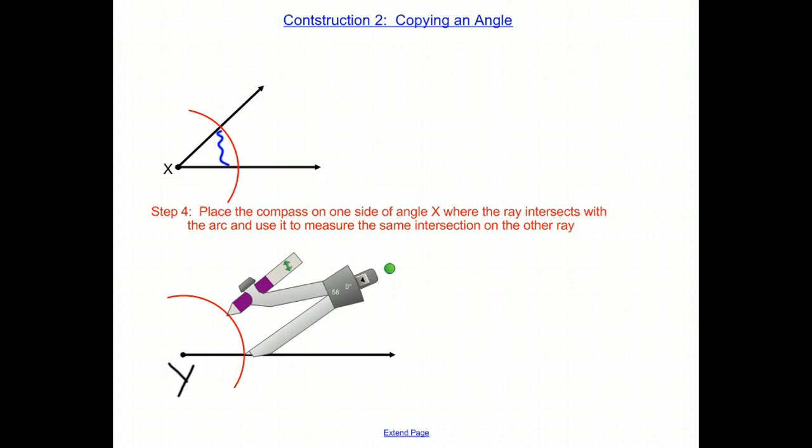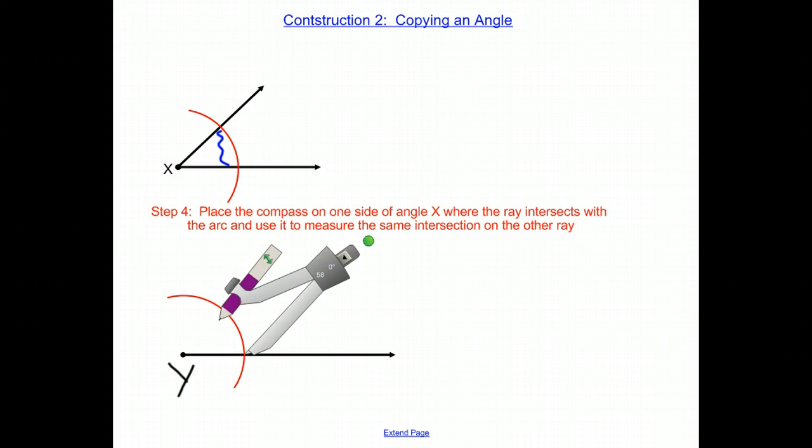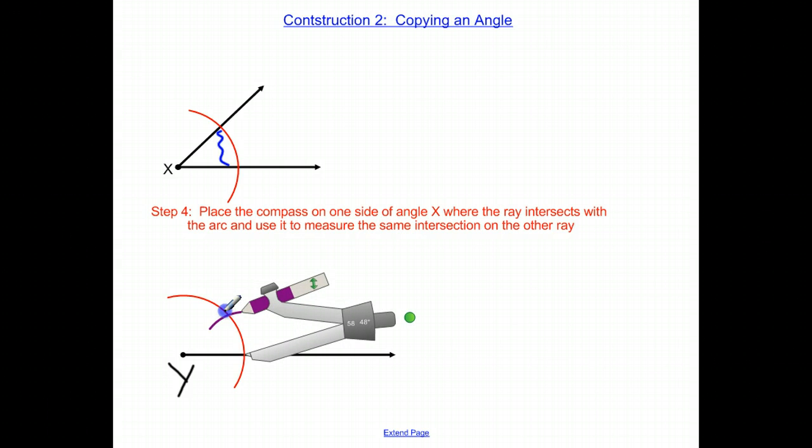And the other end, I'm not going to change the measure of the compass at all. I'm just going to swing a nice little arc here, just long enough so that it will intersect with both edges, with the ray here.